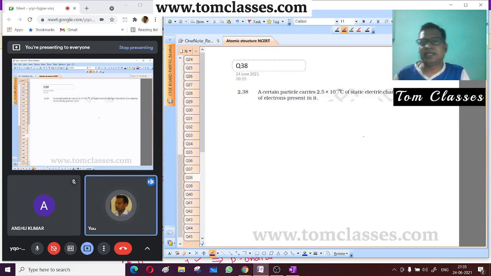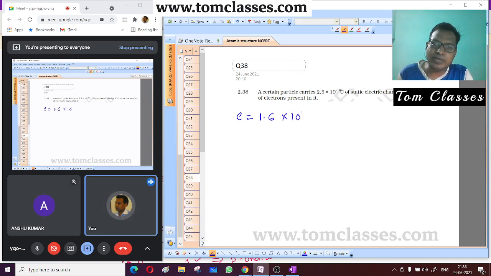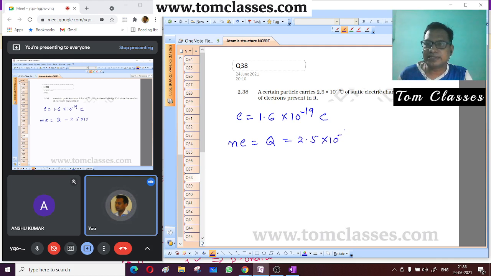A certain particle carries 2.5 into 10 to the power minus 16 coulomb of static electric charge. Calculate the number of electrons present in it. We know that the charge on one electron is 1.6 into 10 to the power minus 19 coulomb. So n into e is Q total, that is 2.5 into 10 to the power minus 16 coulomb.